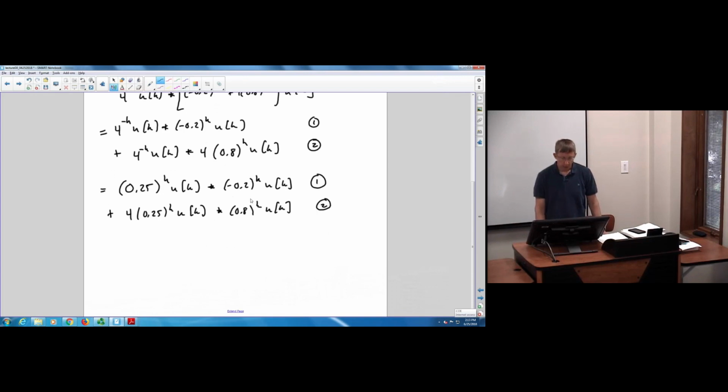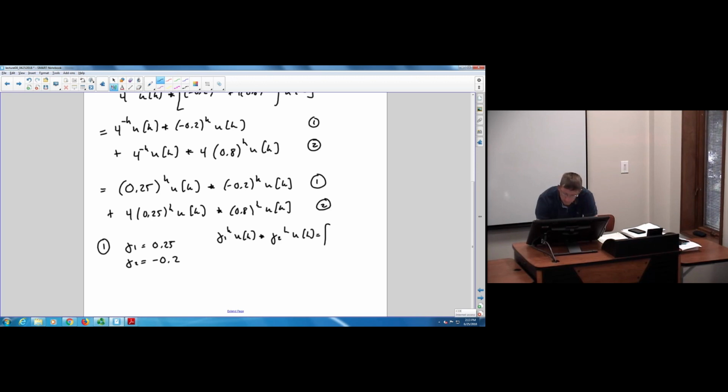Okay. So if we do that, equation 1, if I want to call gamma 1 0.25 and gamma 2 minus 0.2, from our table, we're told that gamma 1 to the k, u of k, convolved with gamma 2 to the k, u of k, is equal to gamma 1 to the k plus 1 minus gamma 2 to the k plus 1 over gamma 1 minus gamma 2.